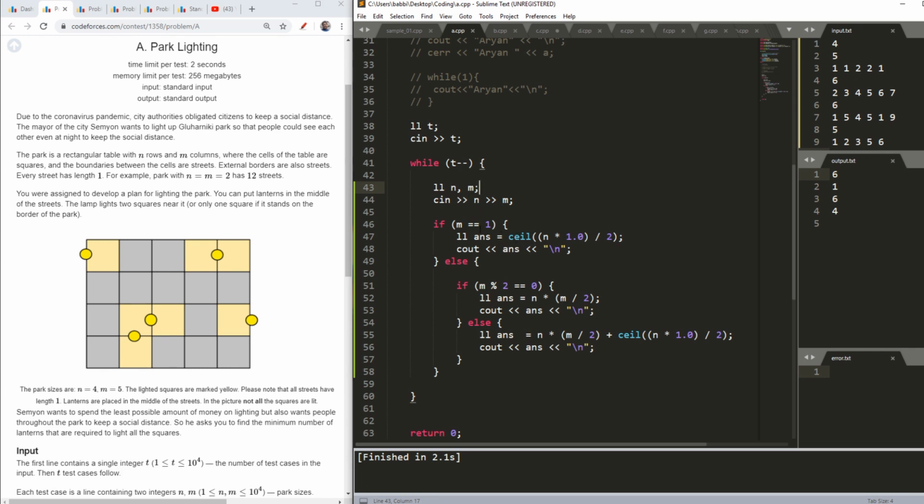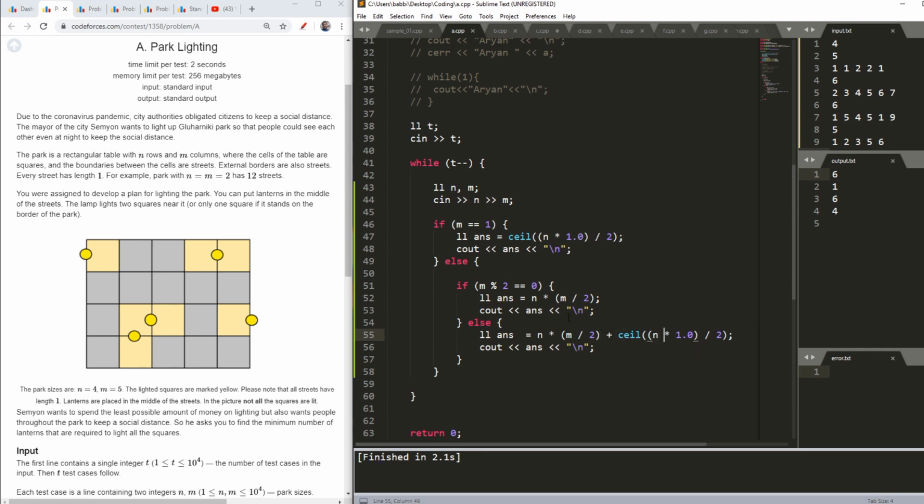As I said, it is not much required, but I wrote it in a rush. If m is even, although you can do the same thing in one line also, I will do n into m by 2, and if m is odd, then the first half remains the same, and for the next half you will do the ceil of n by 2.